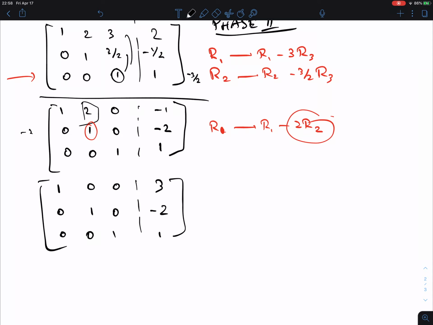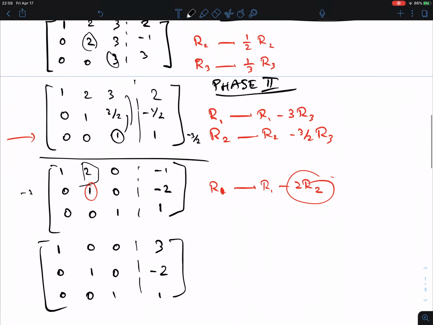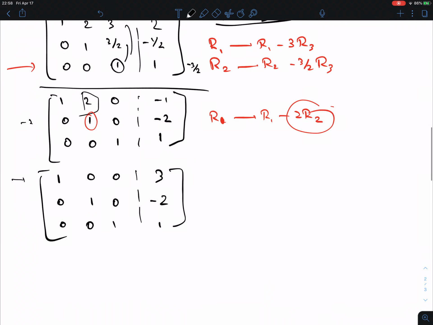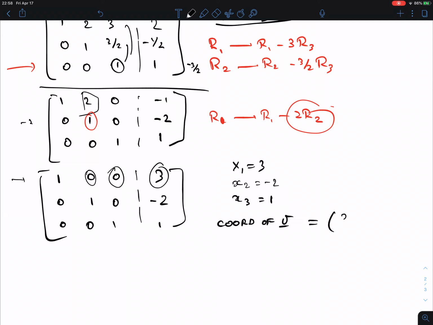What does this now mean? Remember this was a system in x1, x2, x3. The first row means 1 times x1 plus 0 times x2 plus 0 times x3 is 3. So x1 is 3, x2 is negative 2, and x3 is 1. So the coordinates of v are just 3, negative 2, 1.